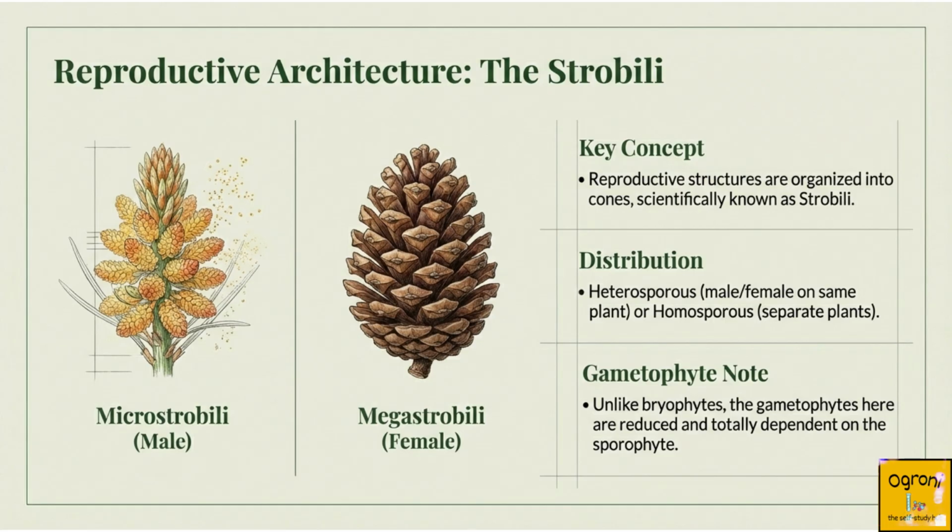Male strobili are smaller and are called microstrobili, whereas female strobili are bigger and are called megastrobili. Unlike bryophytes and pteridophytes, the gametophytes of gymnosperms are reduced and are totally dependent on the sporophyte. Now let's discuss the structure of microstrobili and megastrobili in detail.